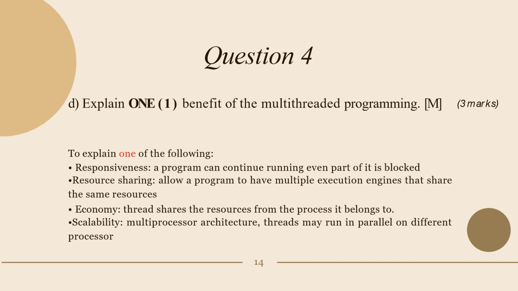Or resource sharing: allows a program to have multiple execution engines that share the same resources. Or economy: threads share the resources of the process they belong to. Or scalability: in a multiprocessor architecture, threads may run in parallel on different processors.